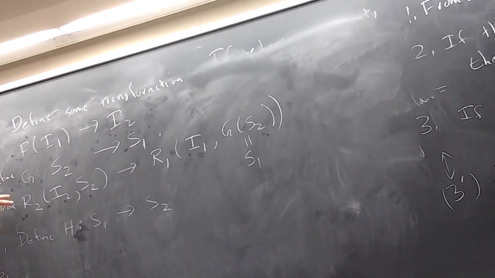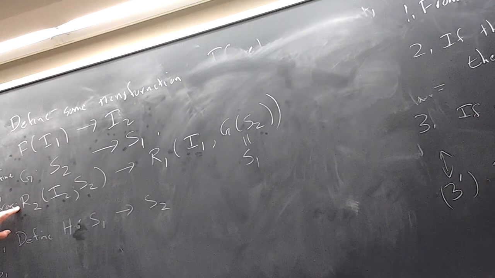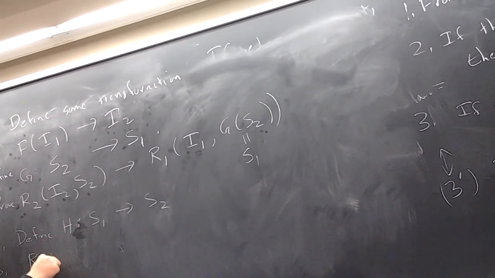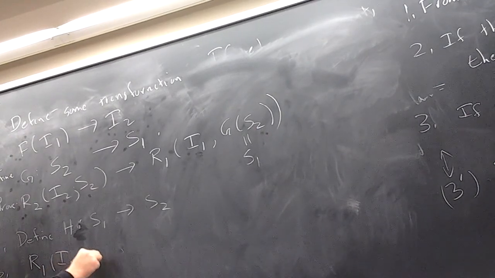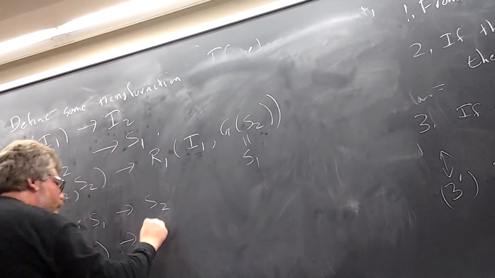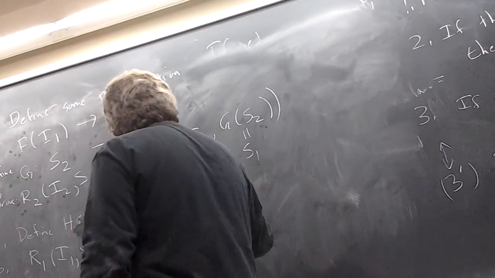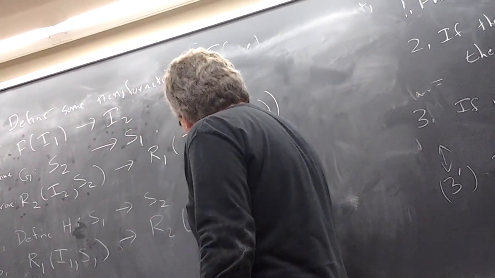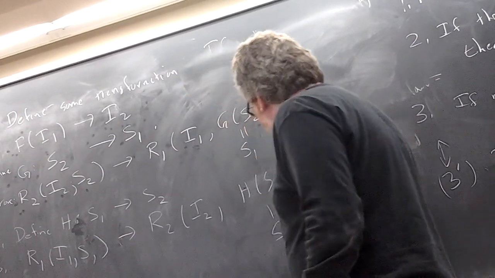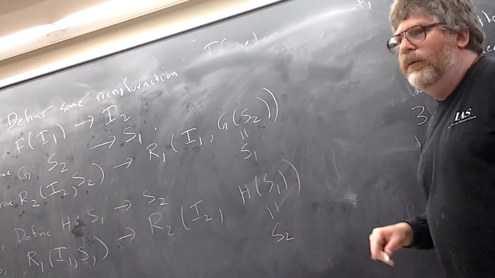And then we need to prove the analogous thing in the reverse direction: that if R1 of I1, S1, then R2 of I2, H of S1, which is how we're constructing the S2.